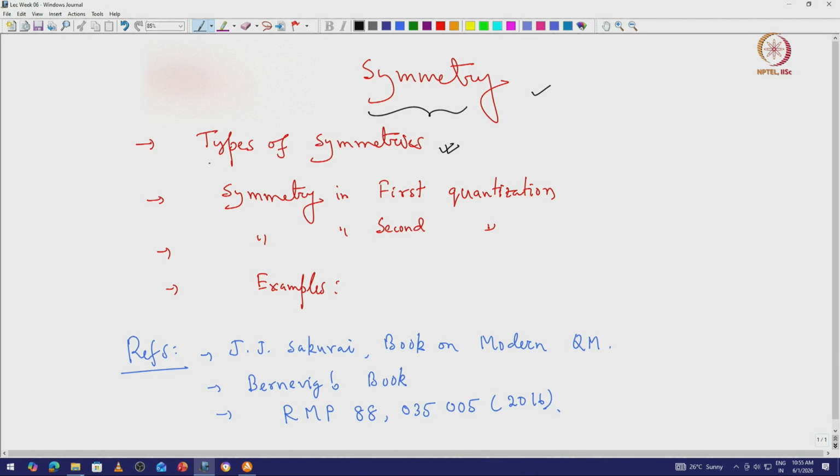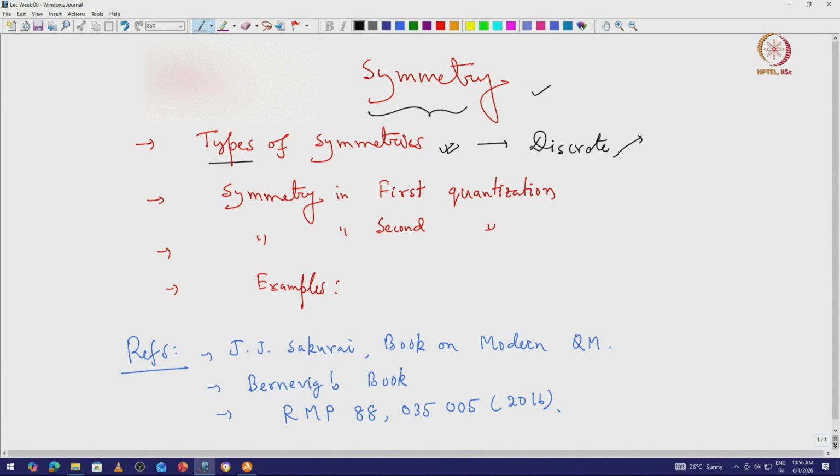And there will be various types of symmetry that we have to go through. So, at the beginning it may seem like it is a lot of symmetry properties, types of symmetry, but eventually we will narrow it down to a few types, which are going to be discrete, mainly.